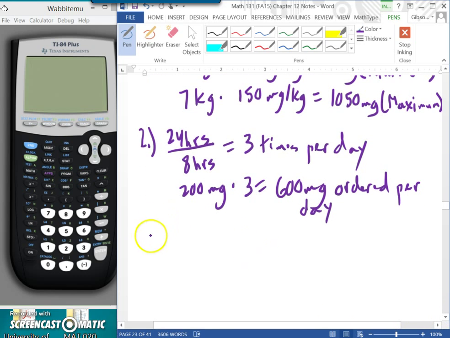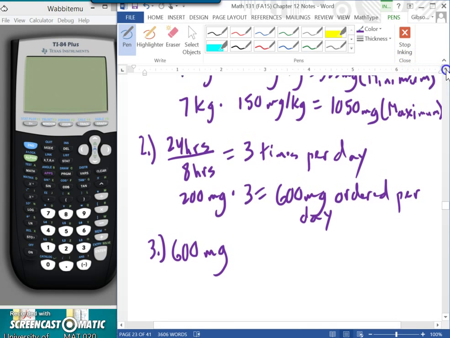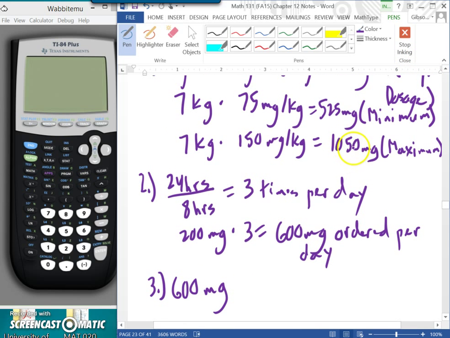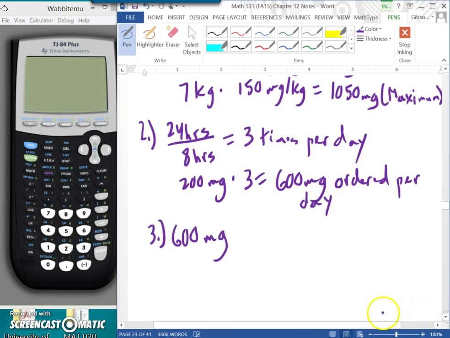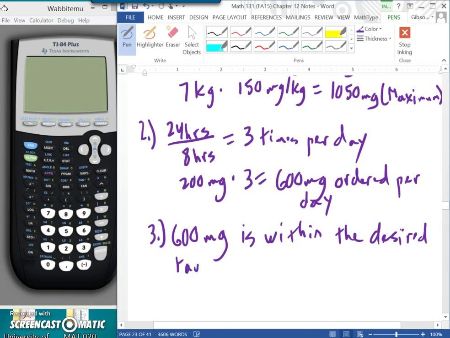Okay, so now we will go to step 3. 600 milligrams, that's in between that 525 and 1,050, right? So that means that we're good. So 600 milligrams is within the desired range of 525 through 1,050 milligrams.